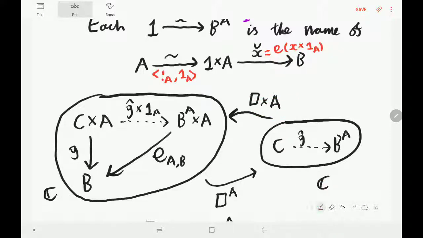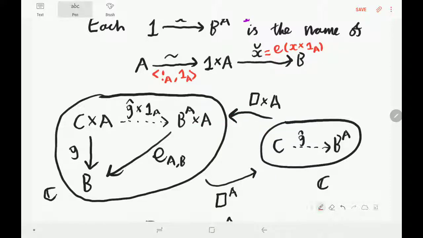It goes from C to C, and it takes an object and outputs the categorical product of that with A, and it takes an arrow and outputs the categorical product of it with the identity of A. This is our product functor.